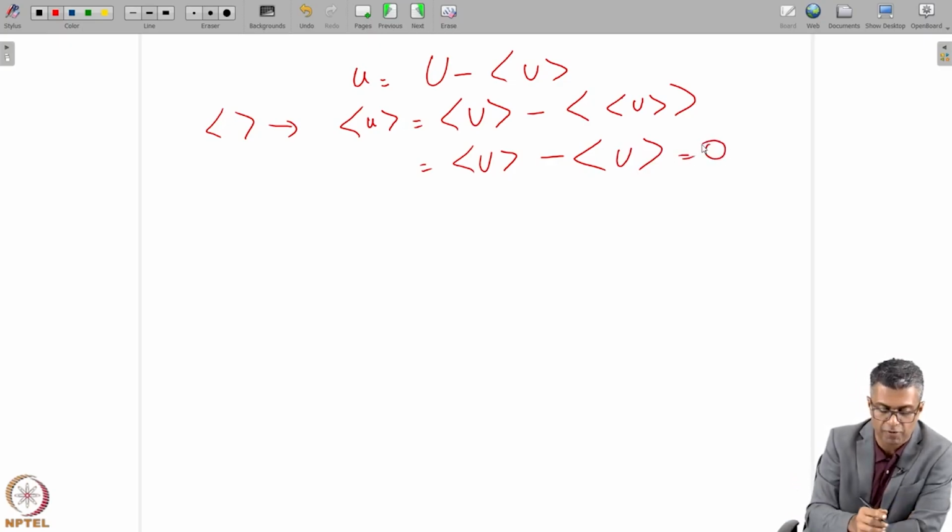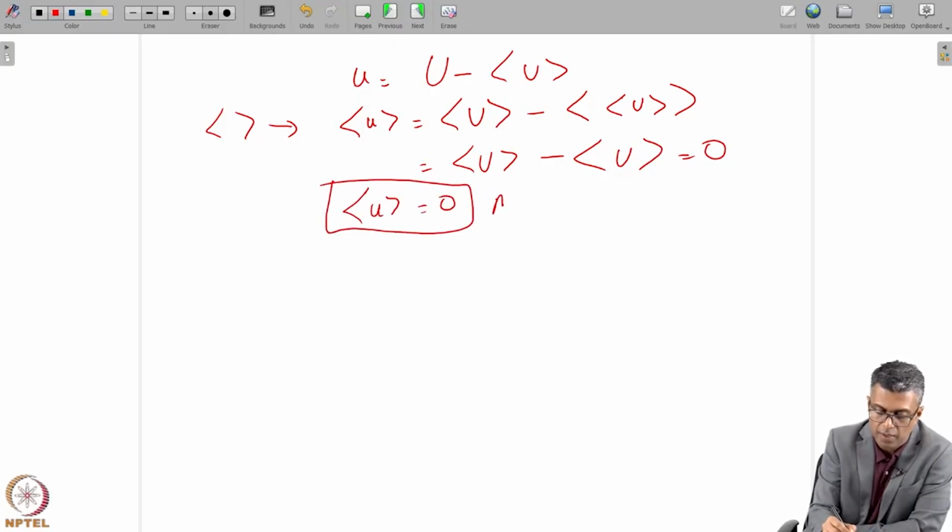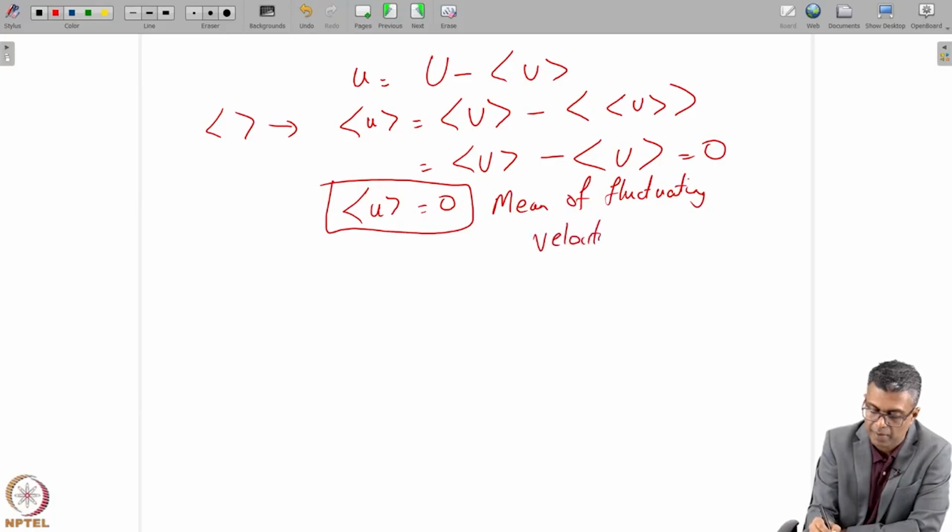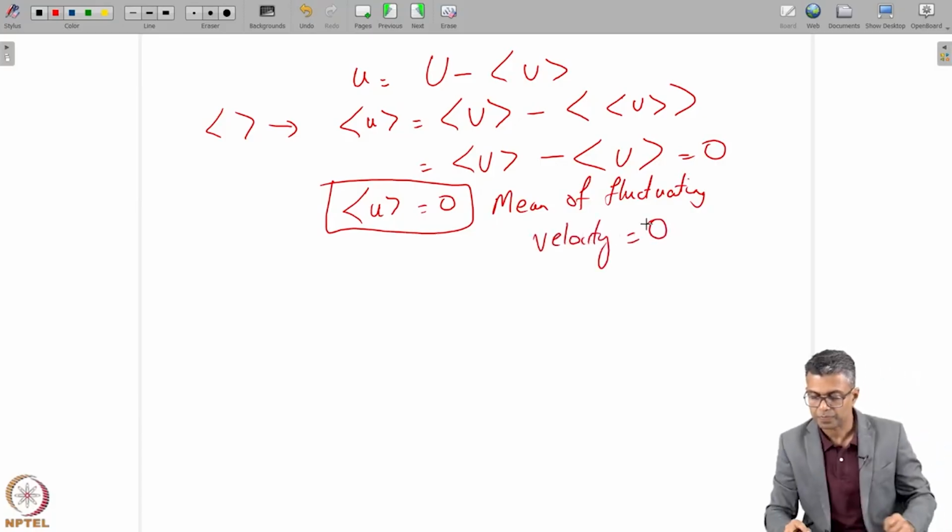So what have we learned from this? The mean of the fluctuating velocity is equal to 0.